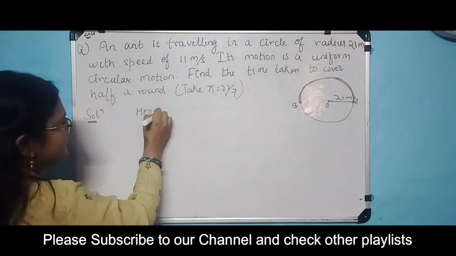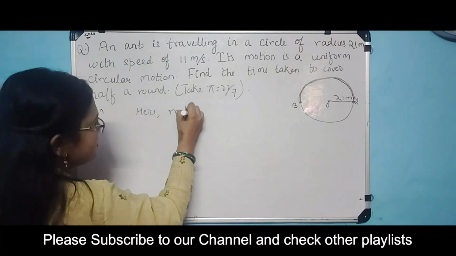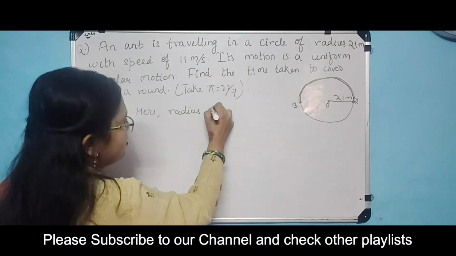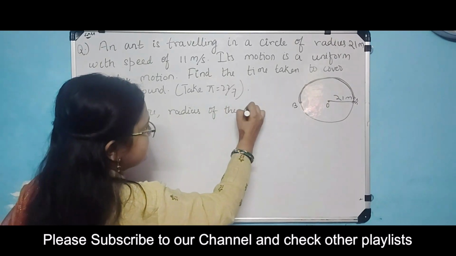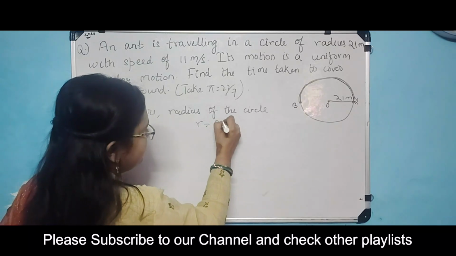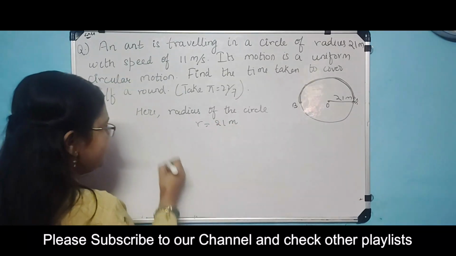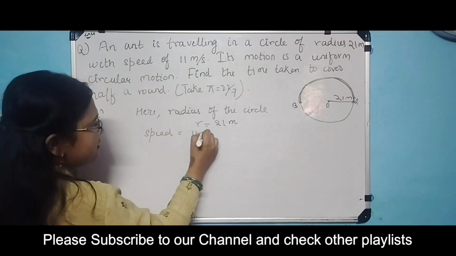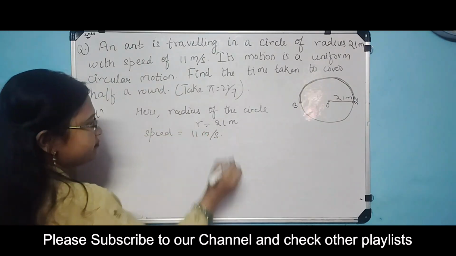Here the radius of the circle is given as R equals 21 meter. Fine. And the speed is given as 11 meter per second.